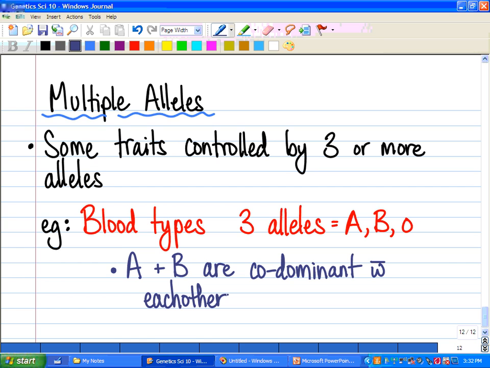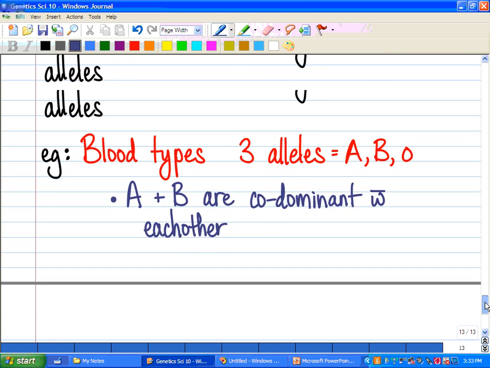So A doesn't dominate over B and B doesn't dominate over A. If you've got an A and a B allele, if you got one from mom and one from dad, then you actually have type AB blood. Remember, codominance means they both show up. It's not like a blend between the two. They're just both there. So A and B are codominant with each other.